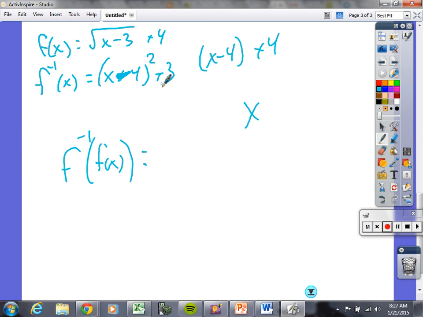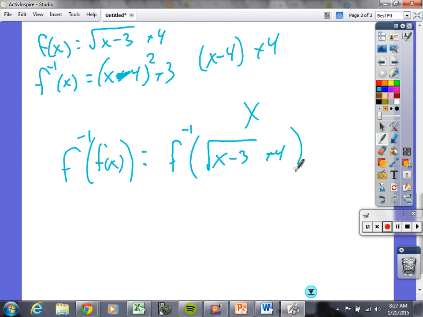Okay, so now we're going to do f's inverse of f of x, because technically we're supposed to show it both ways. But once again, you guys can do either one. So I have f's inverse of f of x, where f of x is the square root of x minus 3 plus 4.